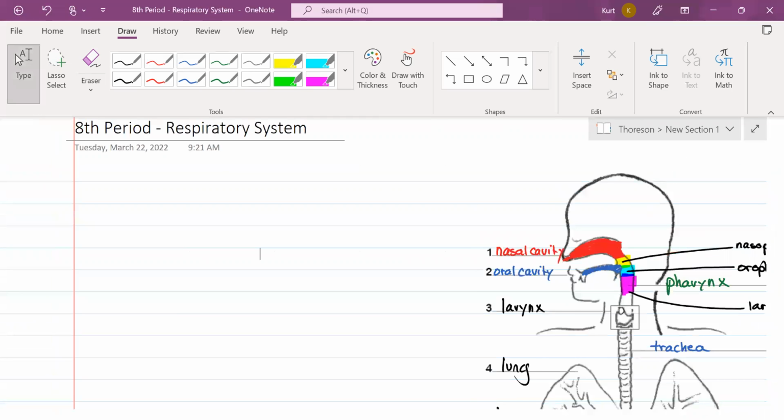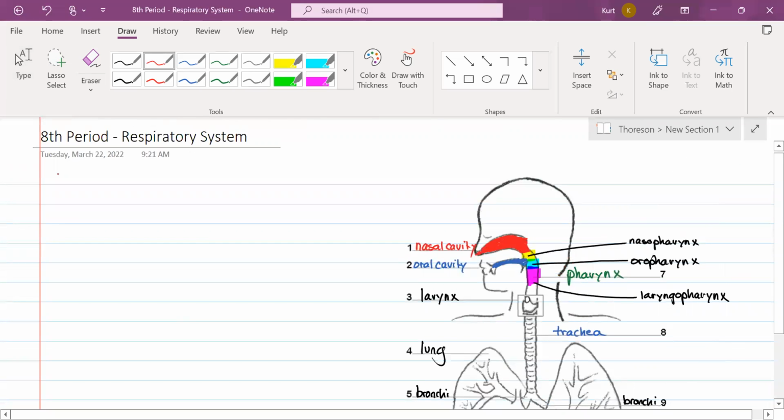So, now that we have that out of the way, let's get into the function and the process of respiration in your respiratory system. The function of your respiratory system is to supply the body with what gas? With oxygen.